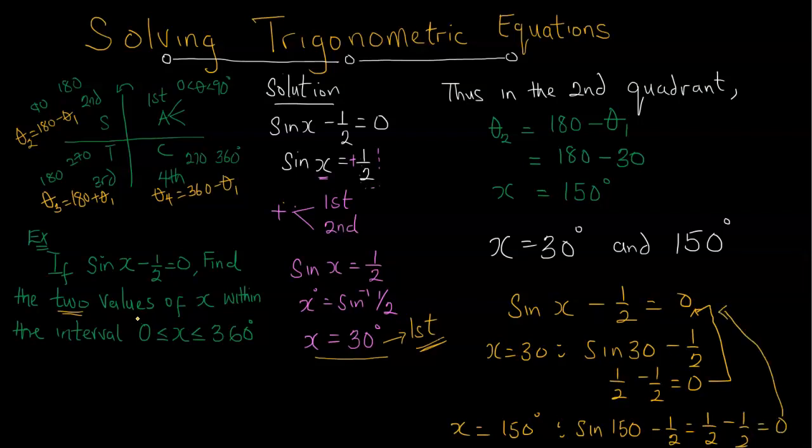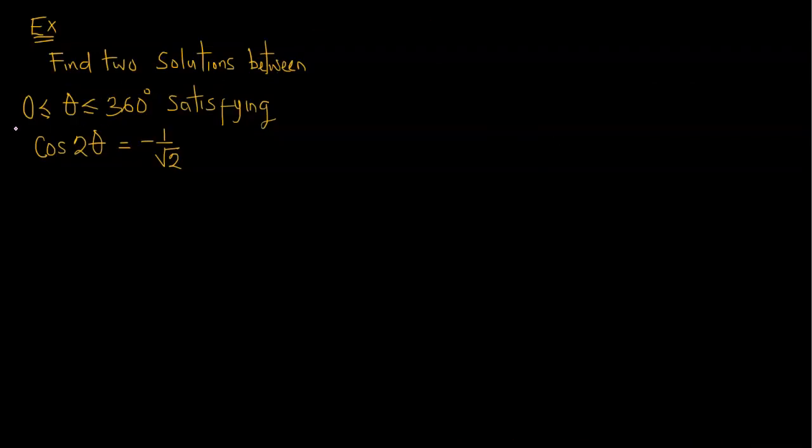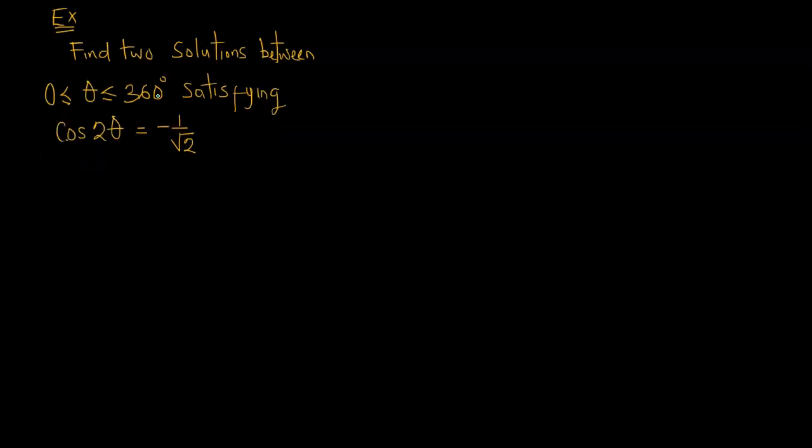Let's take the second example. Find two solutions between 0 less than or equal to theta less than or equal to 360 degrees, satisfying cos 2 theta equals -1 over root 2. The solution: the first thing is the sign here, this negative sign, that tells us the position of the angle.